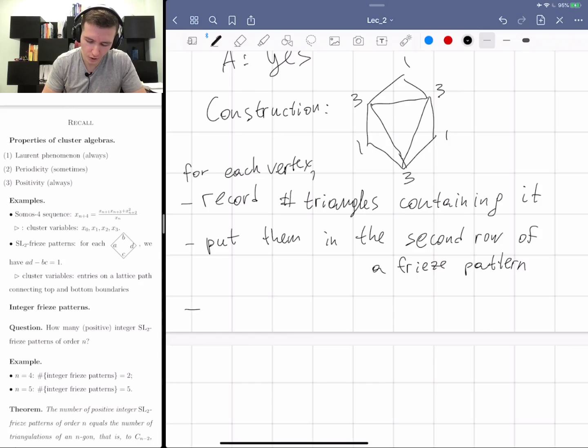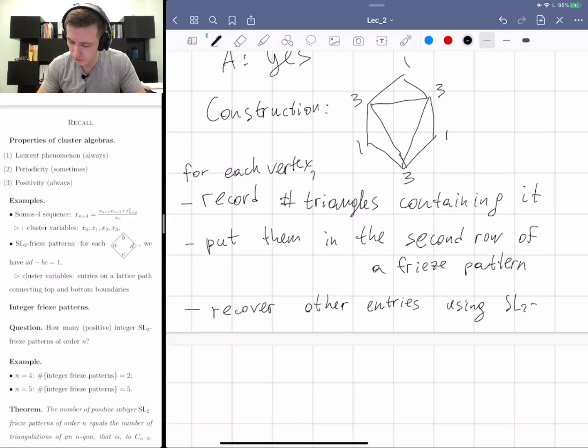Then once you do that, you can recover all the other entries just using the SL2 condition.